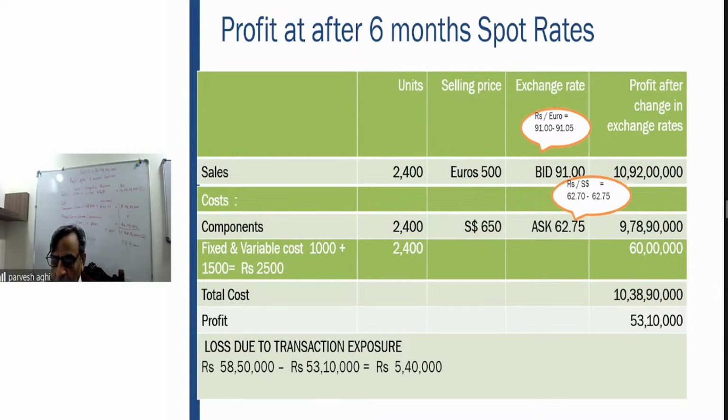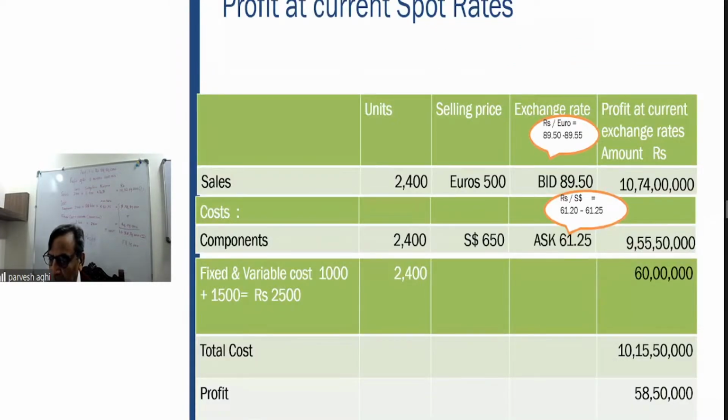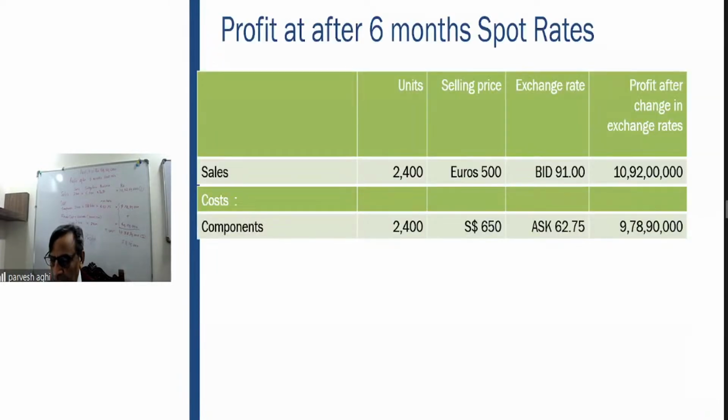Now the euros have appreciated, which is going to have a positive impact on his rupee realization, because the rate has gone up from say 89 to 91, so he has gained. Earlier the rate was 89.50 and now the rate is 91. So in terms of sales, he has made money. The transaction exposure has actually positively impacted his business.